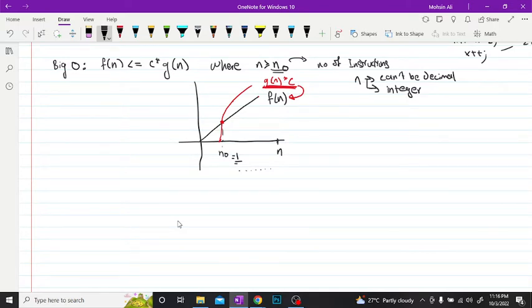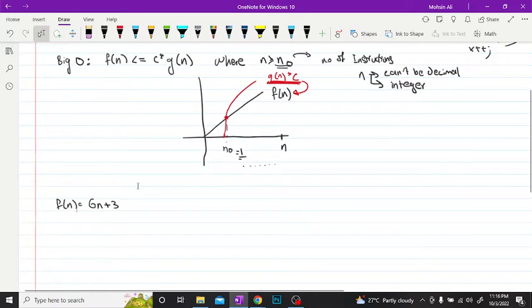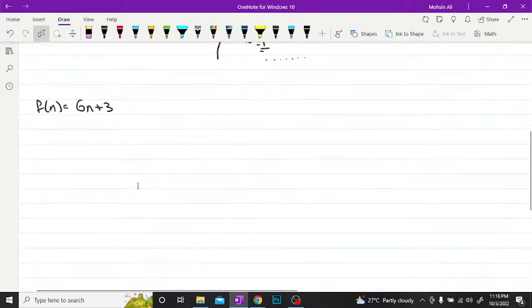Okay, so now that we know some basic intuition of what we have to do for upper bounds, let's try to solve a question. So the first question that we're going to be solving is for 6n plus 3. So for a function f of n defined as 6n plus 3, let's say that 6n plus 3 is going to be less than or equal to, let's say, 9n.